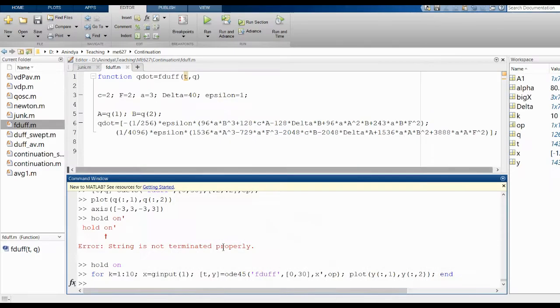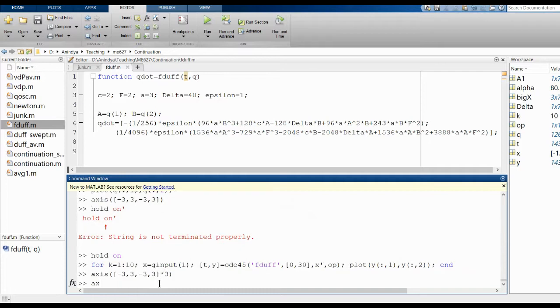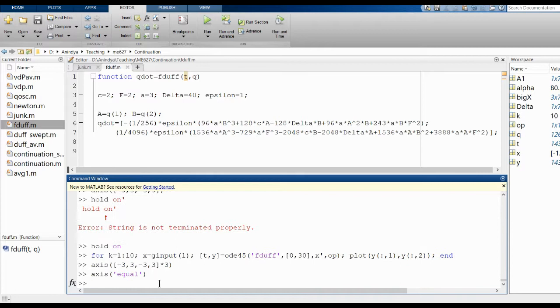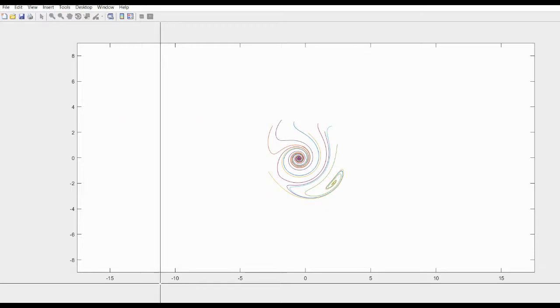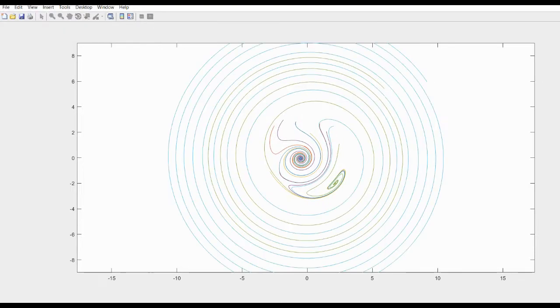Let's try axis this times 3, axis equal 4. Okay, so from outside large amplitude solutions just spiral in, there is no question.